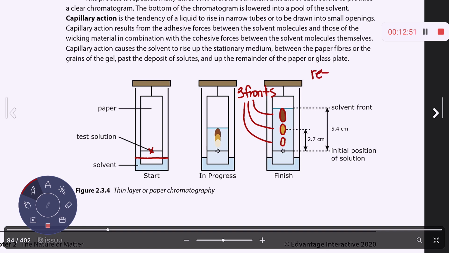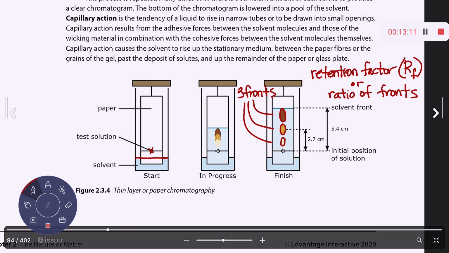So a retention factor is abbreviated with RF, okay? Depending upon what lab you're reading or what resource, this is also known as the ratio of fronts. It's the same thing.